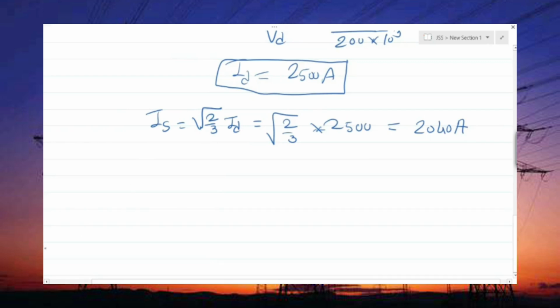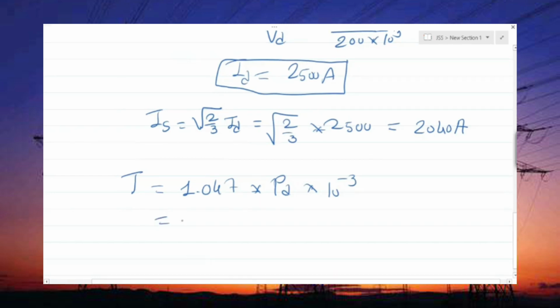Now from that you can calculate the transformer secondary rating. You know the equation: T is equal to 1.047 into PD into 10 raised to minus 3.